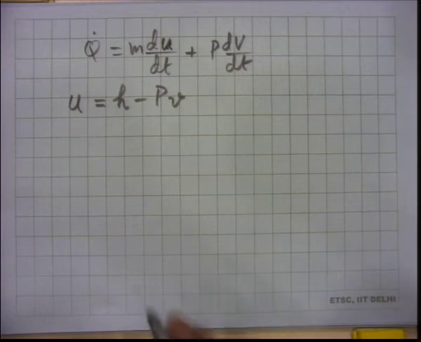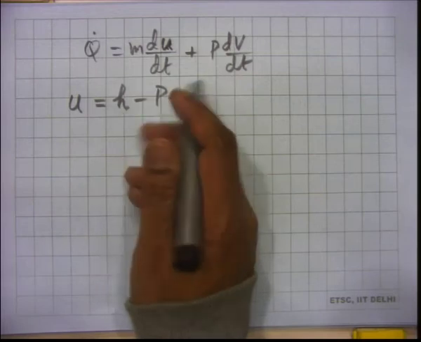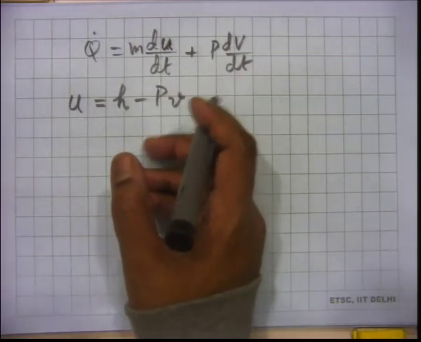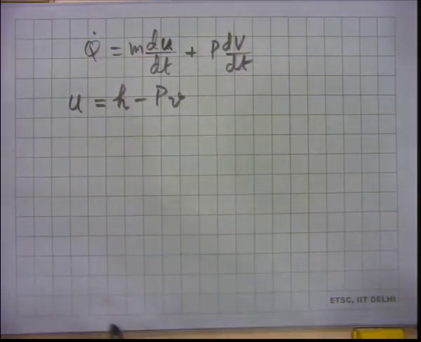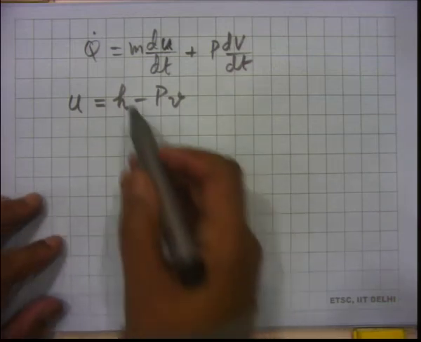Because ultimately it is easier to work with enthalpy, because ultimately there is reaction taking place, then there is enthalpy of formation, sensible enthalpy change, all these things will come into the picture, and you have already used the tables, I think, while doing that assignment 1. So, you know that all tables are in fact in terms of enthalpy. So, it is easier if we change from u to h.